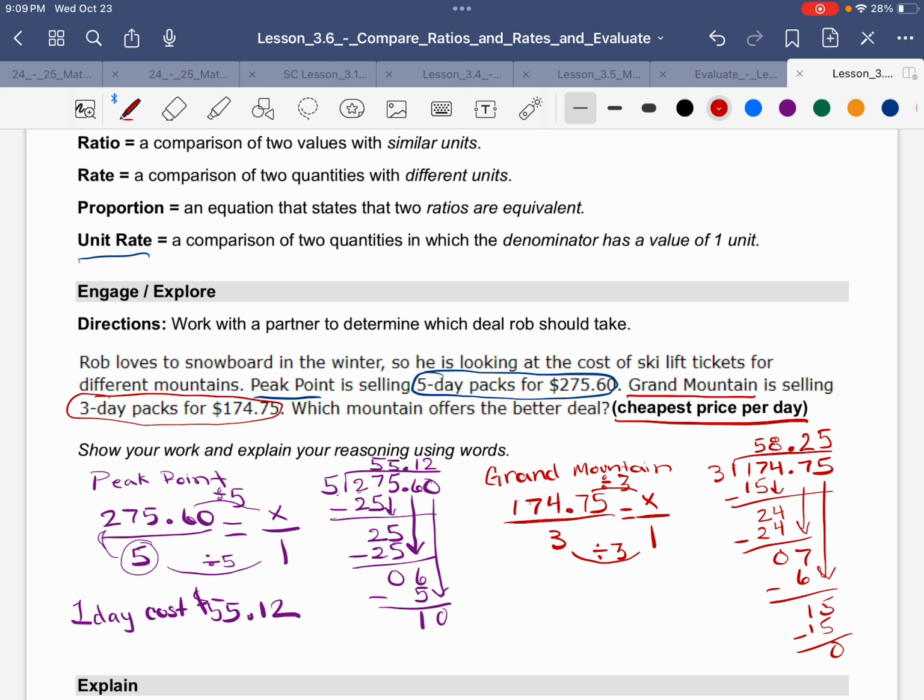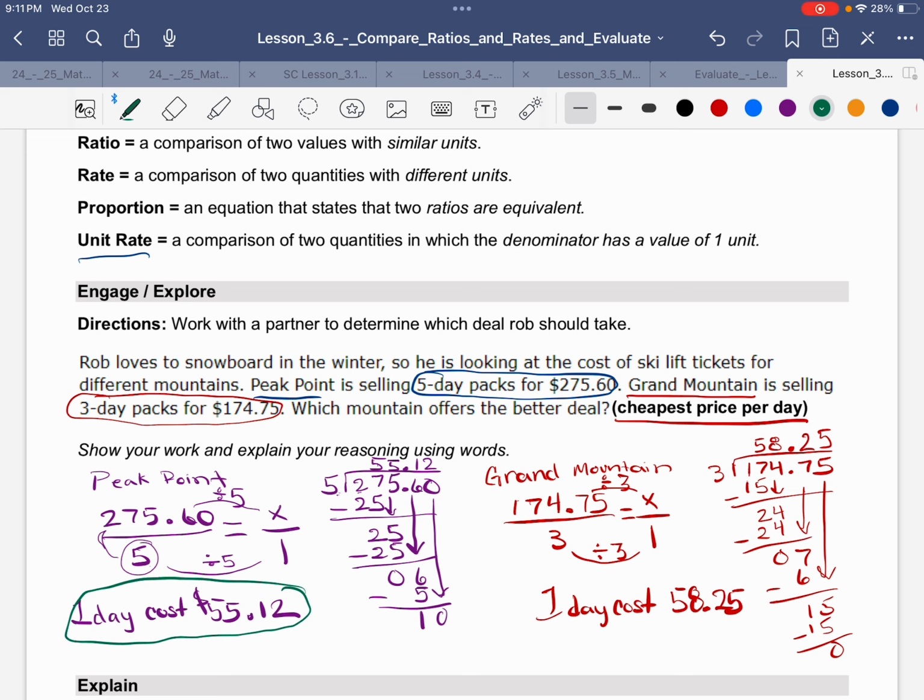So here, 1 day cost $58.25. So it may appear that the 174 is a cheaper price, but when you talk about best value, the amount you're paying per day, look, our peak point is less per day.